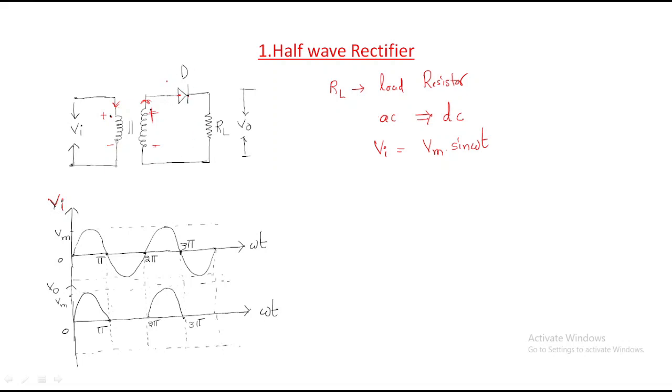So we will write here, for positive half cycle the diode is forward bias, then it will act as a short circuit. Then the complete supply will be entering into the load.